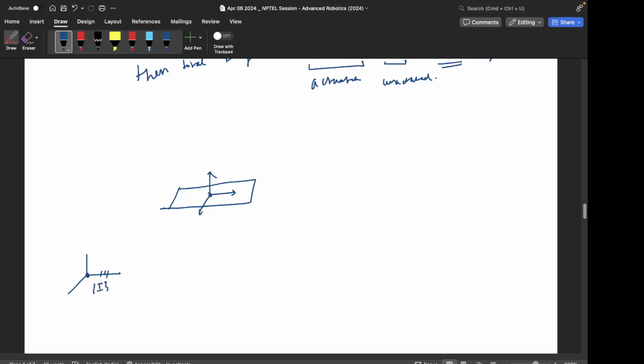One frame is on the center of mass, so this is the base frame which moves with the body, and now for each joint there is a frame. So here is the first joint of the leg, here is the second joint of the leg, and here is the third joint of the leg, and here is the foot. First joint, second joint, third joint.